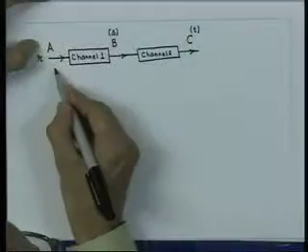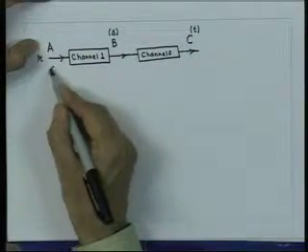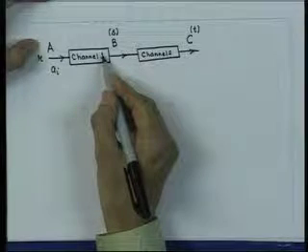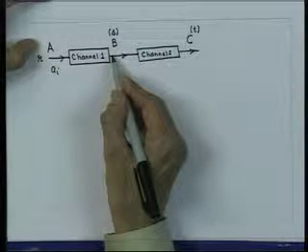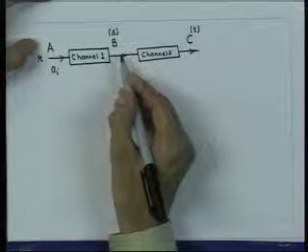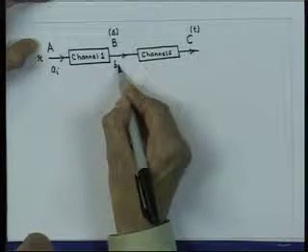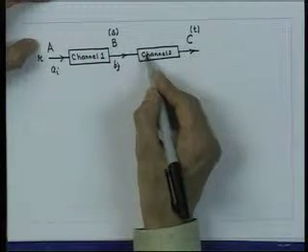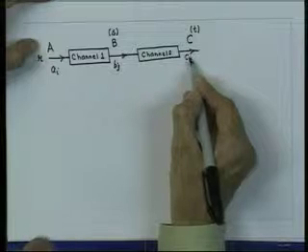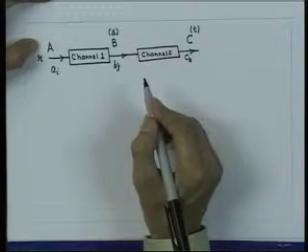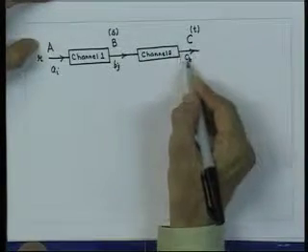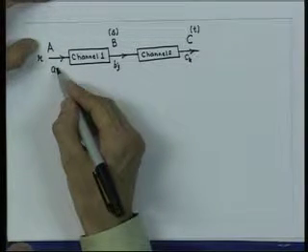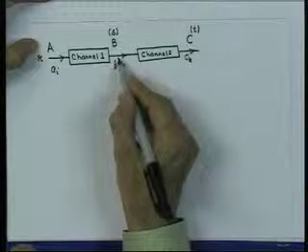When A_i, a symbol from A, is transmitted along channel 1, the output of the first channel is say B_j. In turn, B_j produces an output C_k from the second channel. The symbol C_k depends on the original input A_i only through B_j.